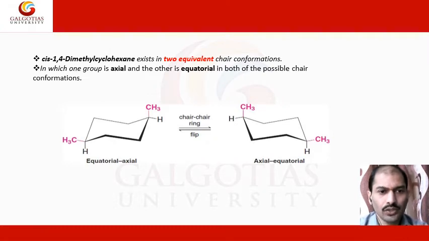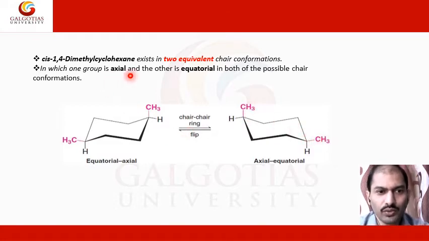Now in case of the cis conformer, like cis 1,4-dimethyl cyclohexane, we have to see how this conformer looks in the chair conformation. Here you can see the cis conformation is equatorial axial or axial equatorial in case of 1,4 disubstitution. Once the chair is flipped, this ring flipping moves this methyl group towards the axial position and this one comes to the equatorial position.